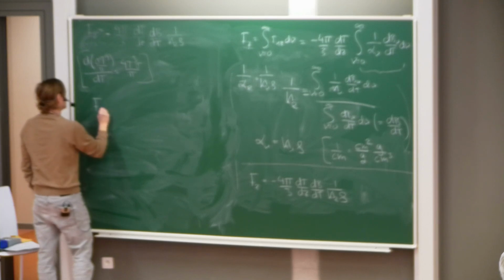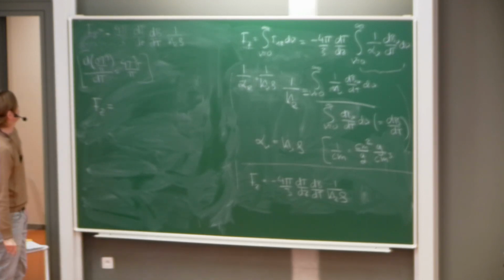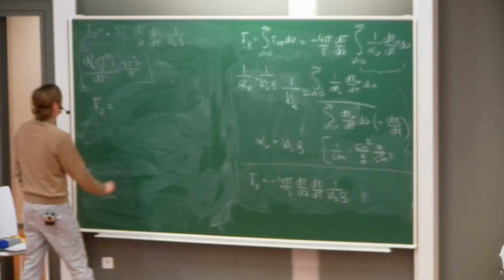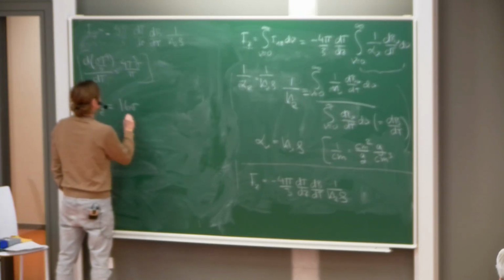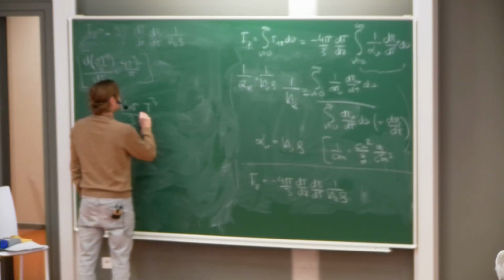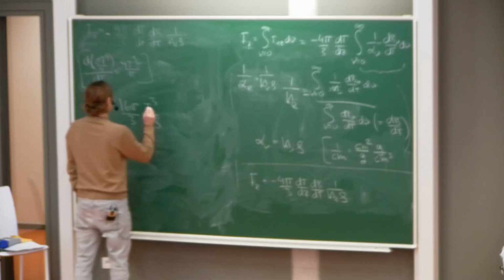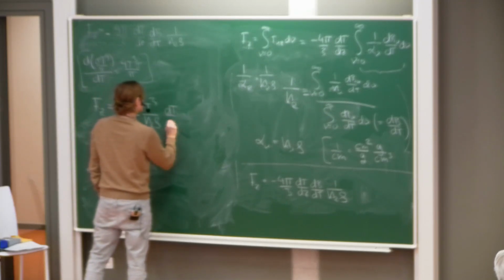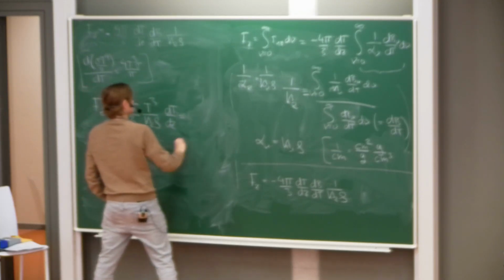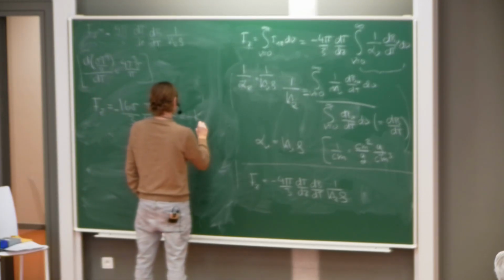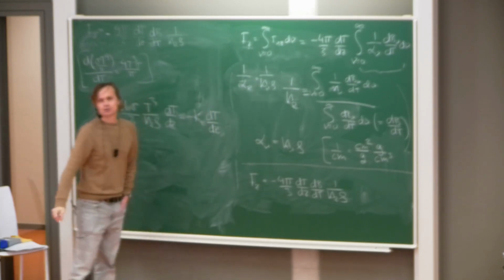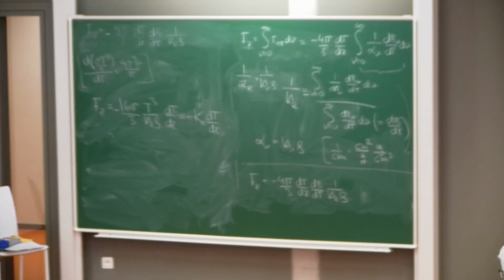So in terms of the temperature gradient, you will get minus 16 sigma divided by 3, T cubed, 1 over kappa rho there, dT/dz, which you sometimes will see as minus k_r dT/dz, where this is then called the radiative conductivity.